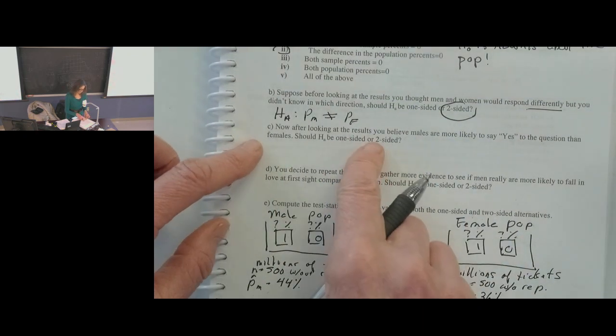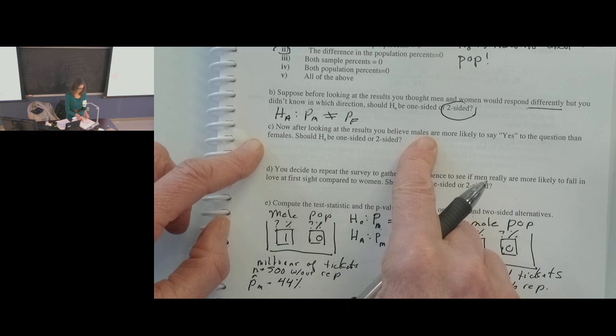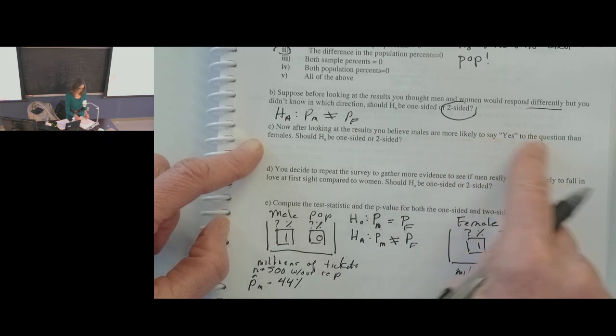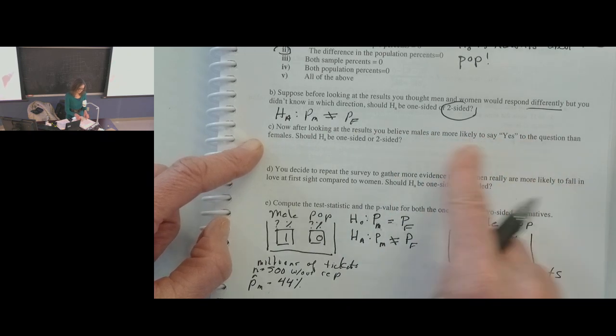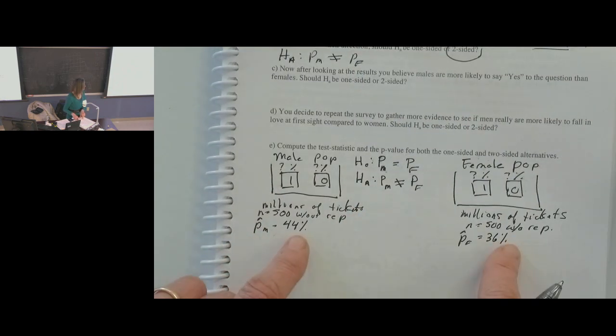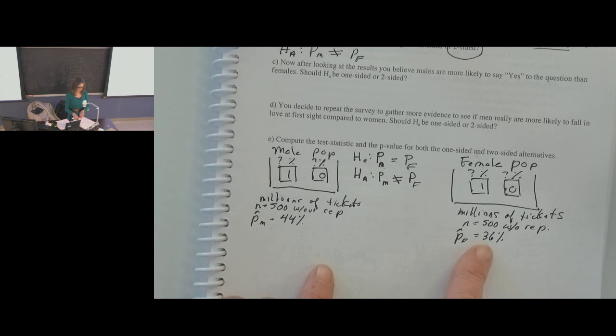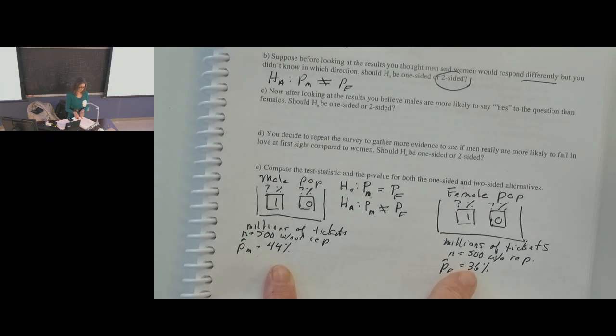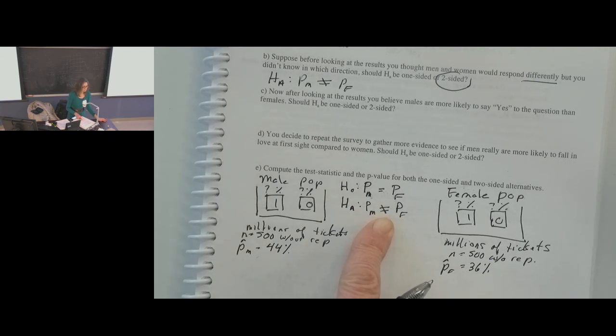So now, after looking at the results, you believe males are more likely to say yes to this question than females. So now can we change this? Because now we see, then we could get more significance. We would only have to look at one tail, and usually it's interesting to get significance. Do you think it's fair, after looking at the data, to change this to a greater than sign? What do people think? Anybody? No. Why do you think not?